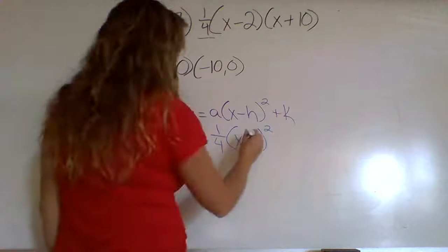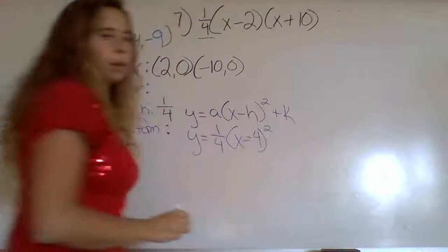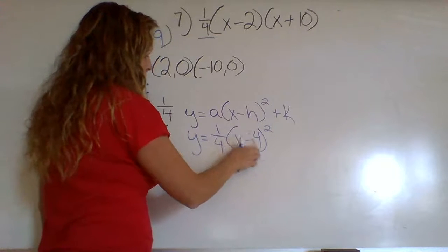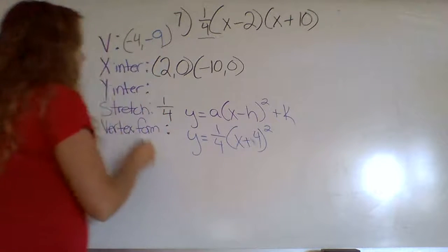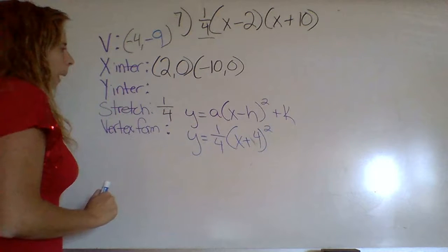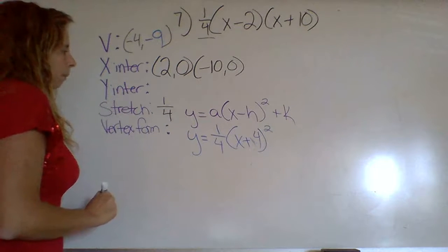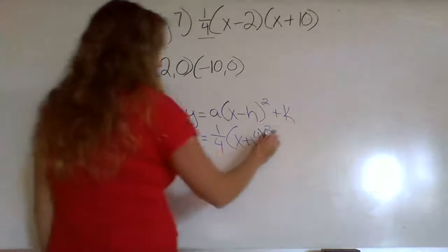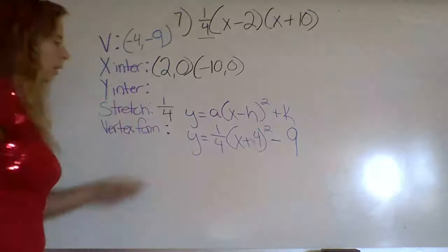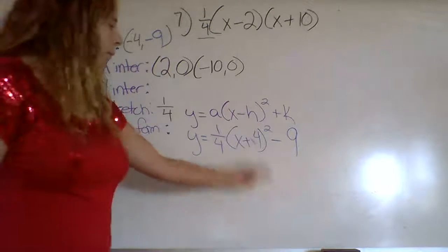So that's x minus -4, which just turns into +4. And then what is k? It's your y value of your vertex, so it's -9. That's how you would write it in vertex form.